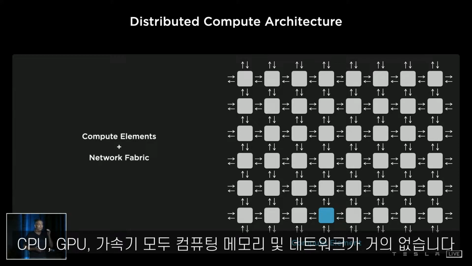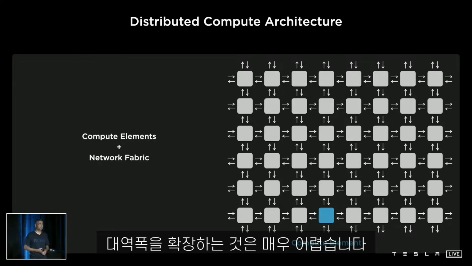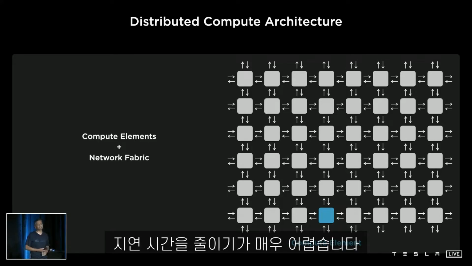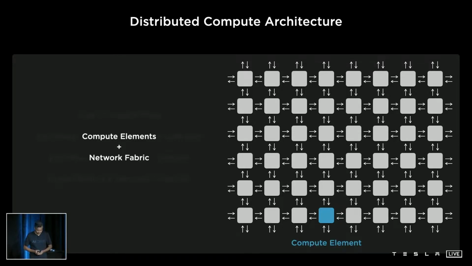CPU, GPU, accelerators, all of them have compute, little memory, and network. But one thing which is a common trend amongst these is it's easy to scale the compute. It's very difficult to scale up bandwidth and extremely difficult to reduce latencies. And you'll see how our design point catered to that, how our philosophy addressed these aspects of traditional limits.